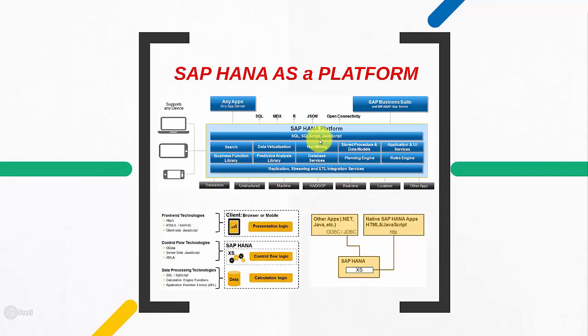Let's take a look at what the Access Engine is and how we can use it to build and deploy applications. Access Engine is a lightweight web server and an application server embedded inside of the HANA platform itself. Now, this can act like a web server which can resolve HTML, images, files, and client-side JavaScript.